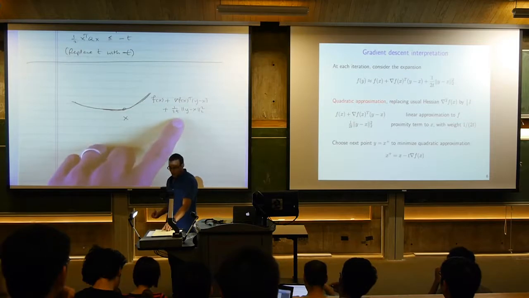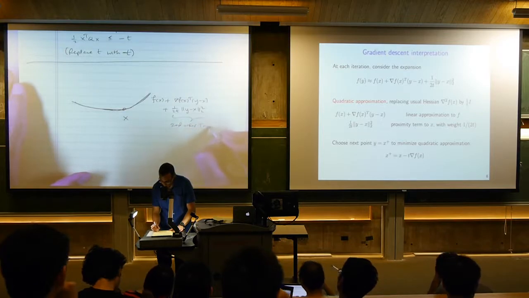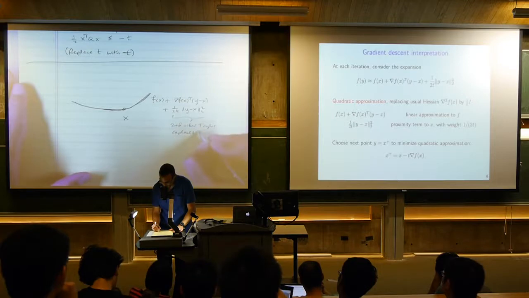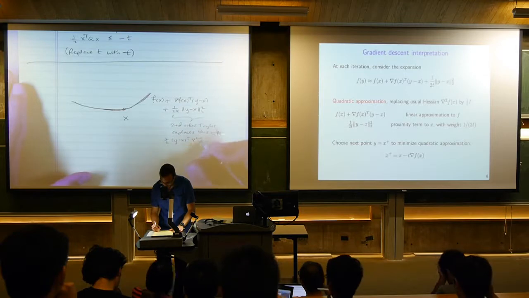If I had a second-order Taylor approximation, then I would have replaced this term with 1/2 (y minus x) transpose the Hessian times (y minus x).